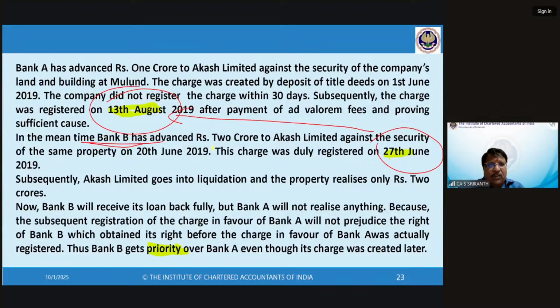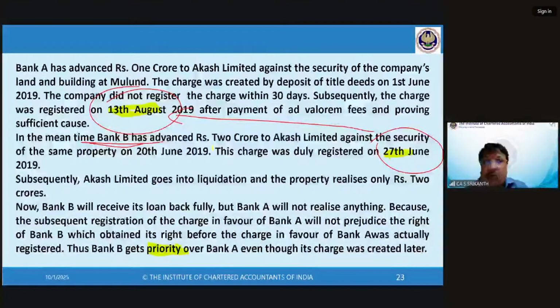First, you know what is pari passu charge. In this example, no pari passu charge. Bank A should normally, as Kuldeepji rightly said, have got the first charge here. But because of their lethargy, laziness, they have lost the first charge, whereas Bank B has got the first charge. I know this sounds very unfair. Friends, do not expect this type of fairness in law.